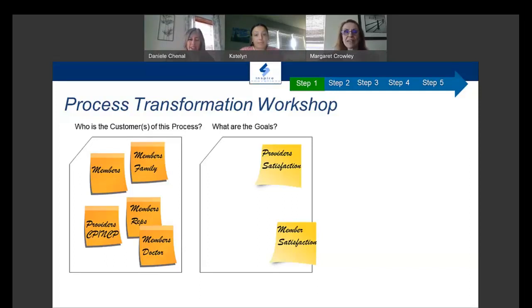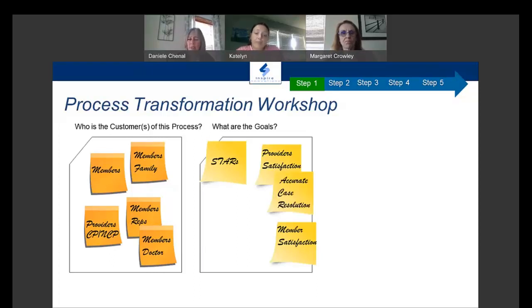How about stars ratings improvement? Stars ratings, absolutely. Appeals has a couple of direct measures for stars, but we can also utilize complaint data and things like that to get insights for stars. So yes, absolutely wanting to improve our star ratings. Kate, do you have any goals we can add? Accurate case resolution.